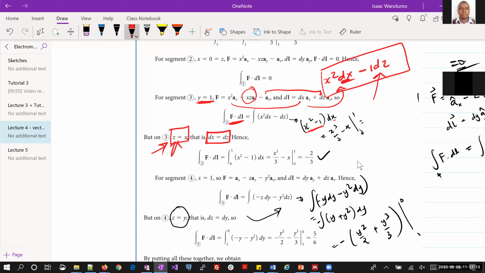We have simply replaced dz with dx, and therefore x squared dx minus dx gives us x squared minus 1 dx, just putting the bracket. Therefore, when you now do the integration with respect to x, having replaced z, you are going to get this term.